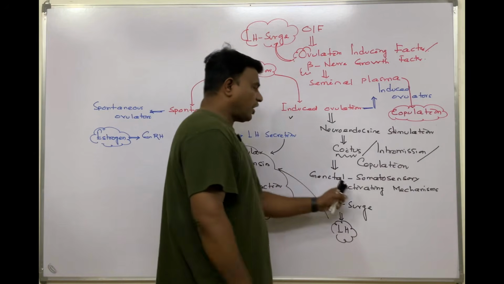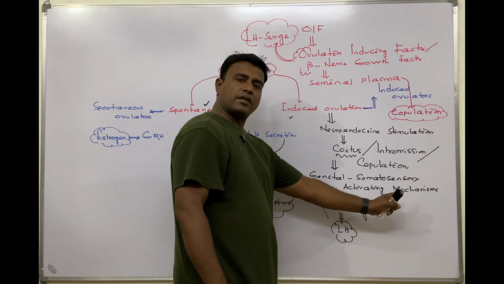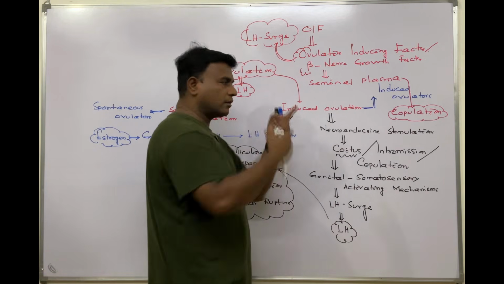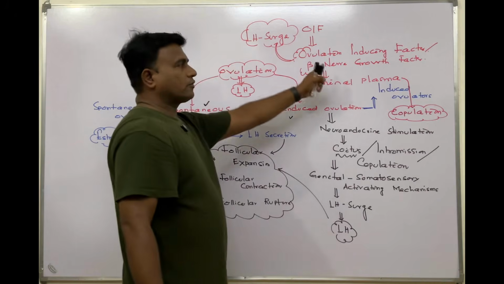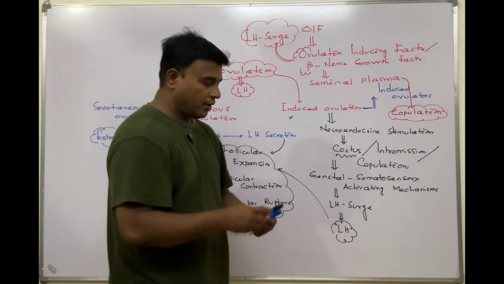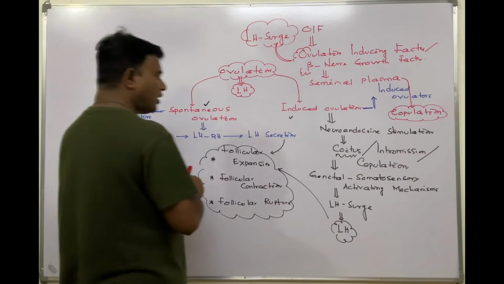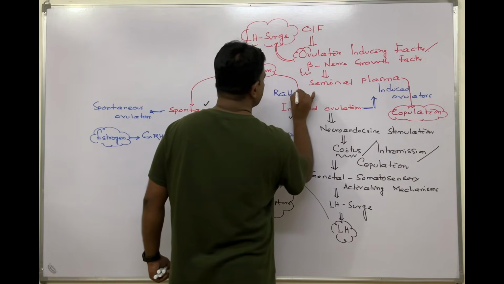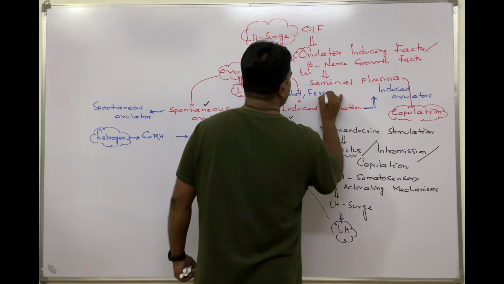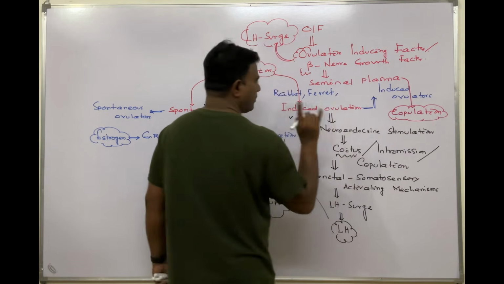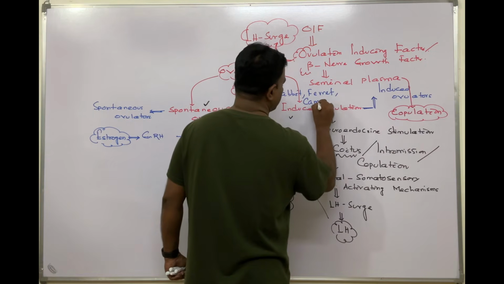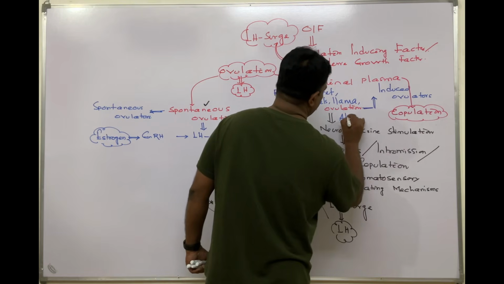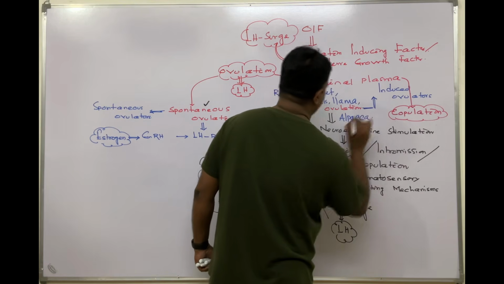Not only are the genital somatosensory activating mechanisms important, via the spinal cord to the median eminence of the hypothalamus, but this OIF also plays a critical role. For example, among the induced ovulators, the rabbit and the ferret come under this category. But important for us, the camels, the llama, the alpaca come under this category.